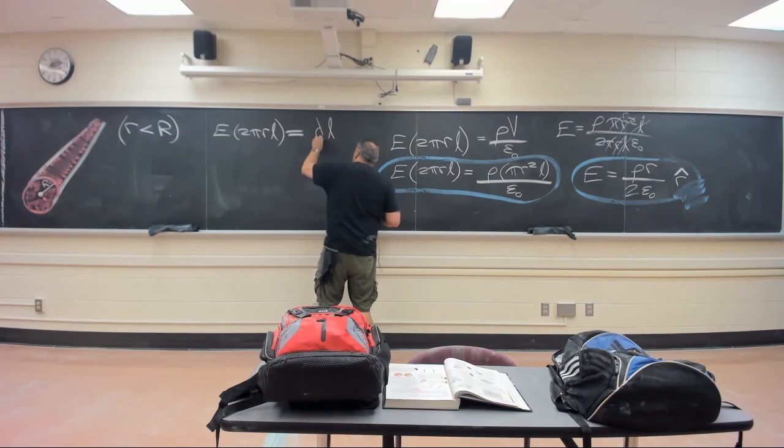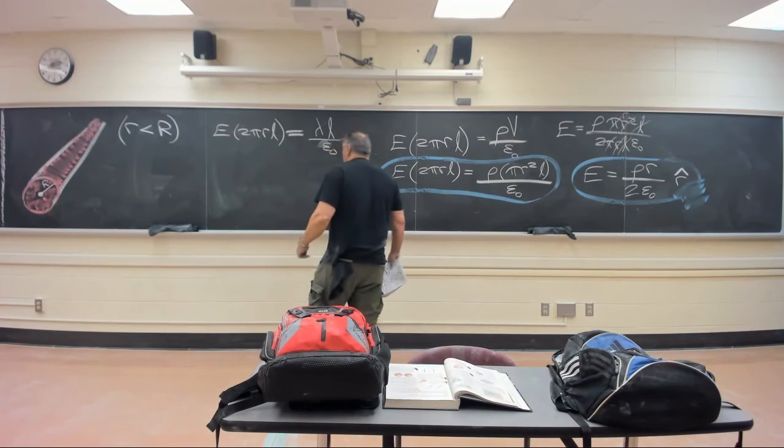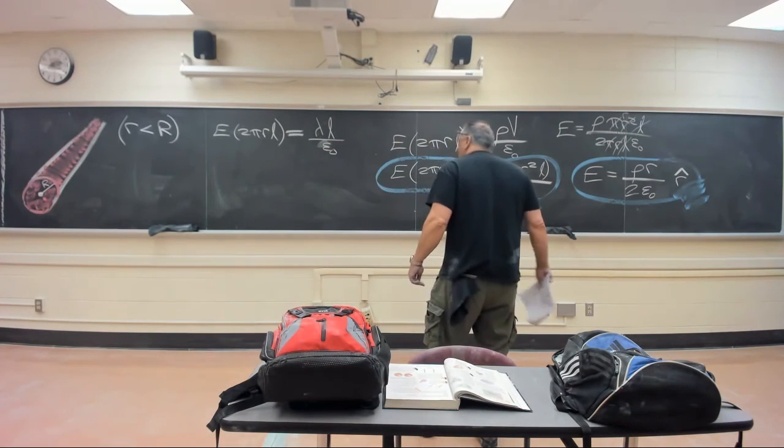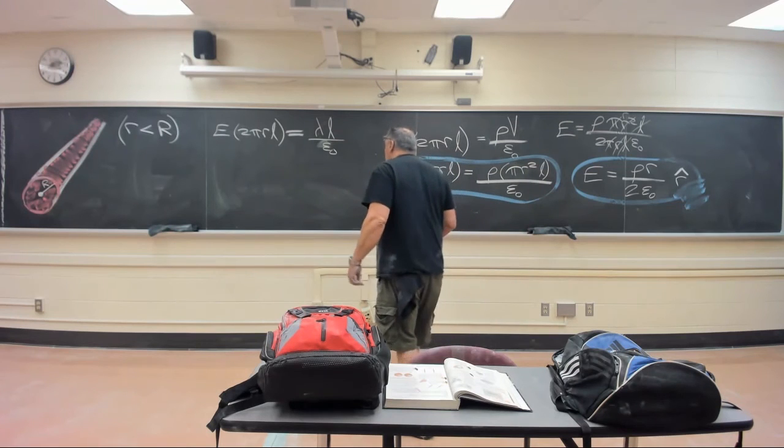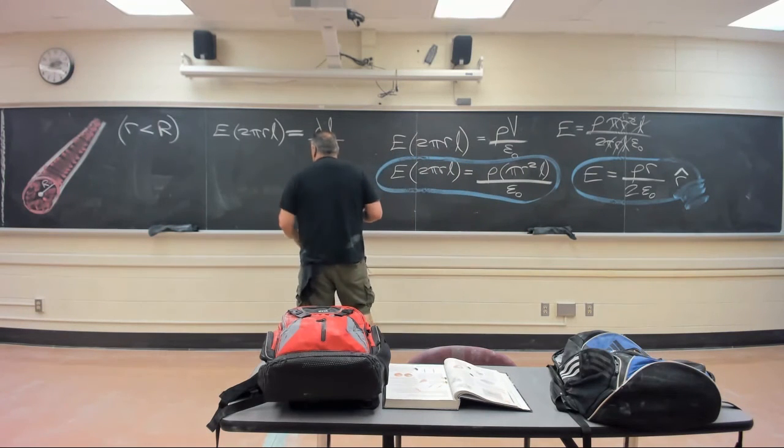Lambda times L will give you Q. That's Q over epsilon naught again. 2 pi r L around and then across will give you the areas under consideration here.